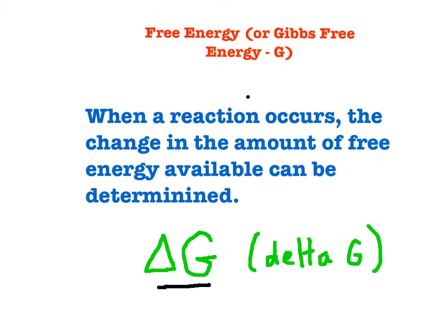If that reaction results in more free energy in the form of ATP being available to your cell, then we would say there was an increase in free energy. If your cell is doing a reaction that uses up energy, then your cell will have lost free energy. And we would say there is a decrease in free energy. We'd say there's a decrease in the amount of usable energy available to the cell.